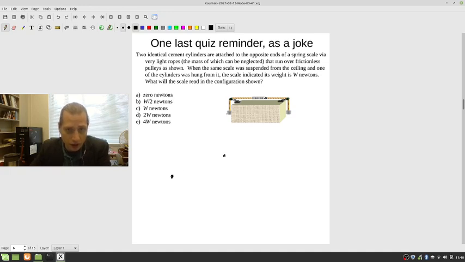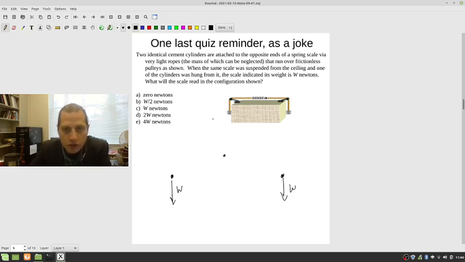The scale, the weight on the left, and the weight on the right. Now, it tells us when the same scale was suspended from the ceiling and one of the cylinders was hung from it, the scale indicated its weight is W newtons. So that means that the force of gravity here is pulling down with W newtons on either side.